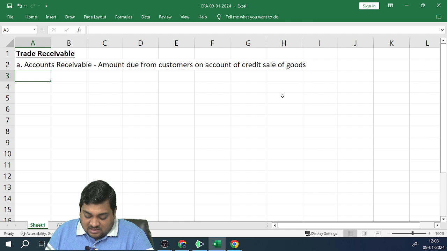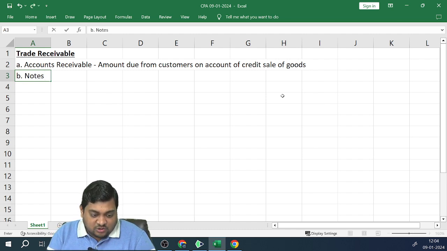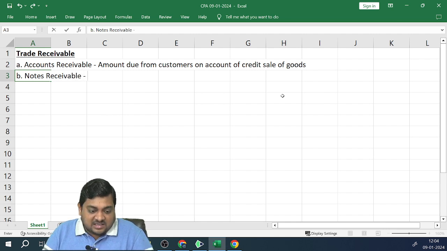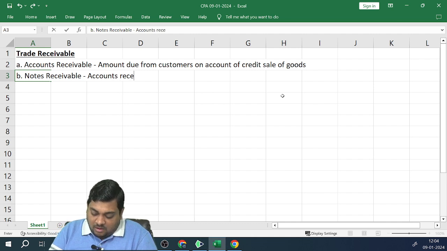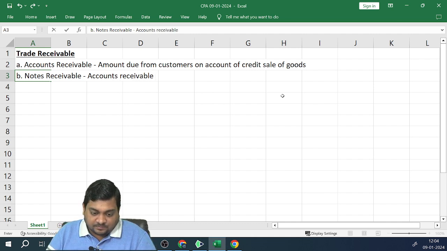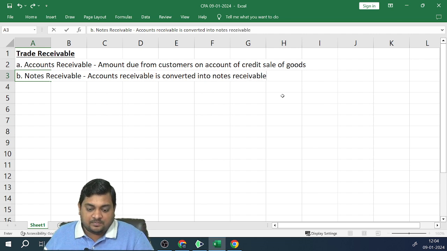Now, what is this notes receivable? Notes receivable is commonly known as bills receivable. Basically, accounts receivable is converted into notes receivable.